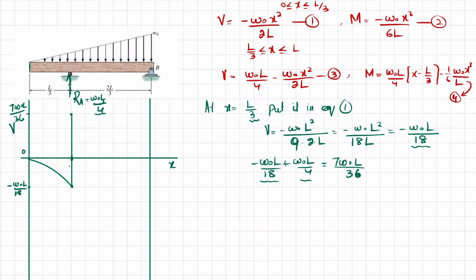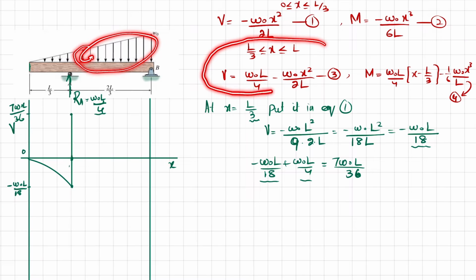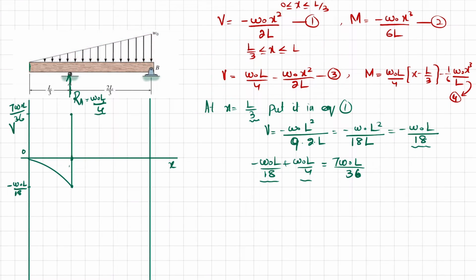Now what about the shear force for this? For that we will use this condition for the shear force. Again you can see that this load is now decreasing, so the shear force will be 0 somewhere. How will we find that location of x? For shear force V equal to 0, put it in equation number 3.